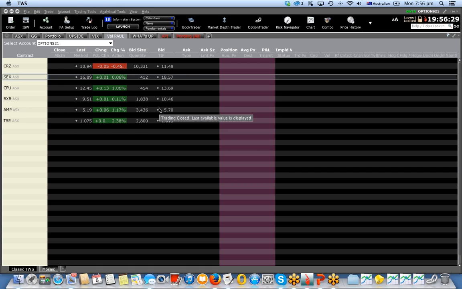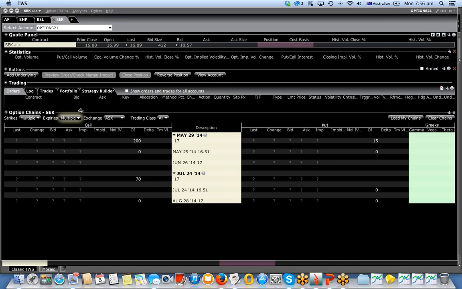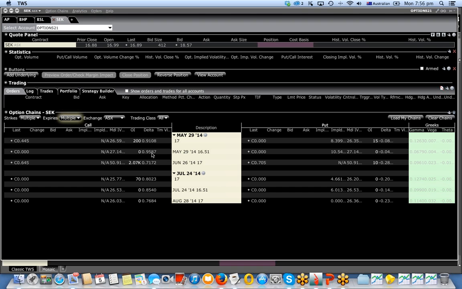You can have a long position, you can have a spread, and for instance, if you decided to take a delta neutral position on Seek, what you can do? Let me just demonstrate it. In this case, because you are looking for volatility and you would like to buy two positions, you can buy a call and a put.